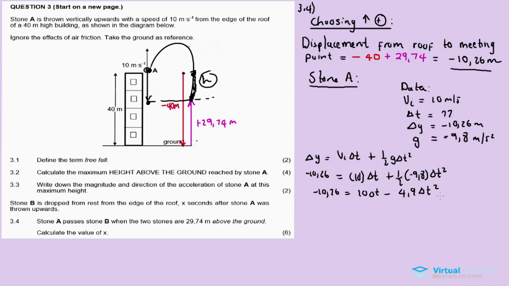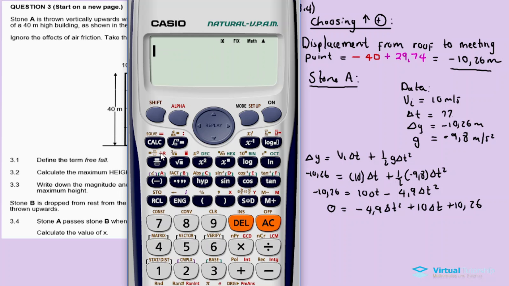So we have a quadratic equation here, and then let us rearrange or write this equation to standard form: minus 4.9 delta t squared plus 10 delta t plus 10.26. Then we substitute.